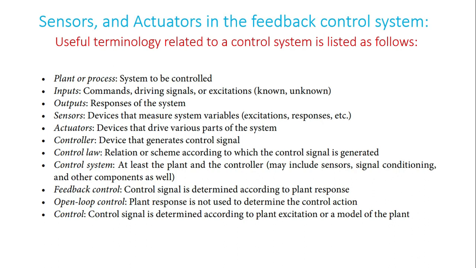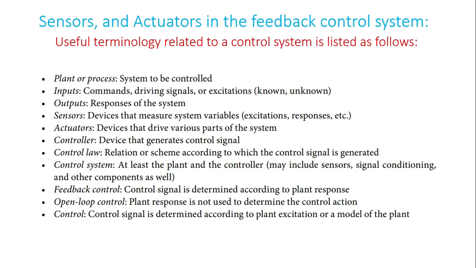Inputs, commands, driving signals and disturbances, known and unknown, come under input, whereas output is the response given by the system. Next, sensors, devices that measure system variables, excitations, responses, etc. Actuators, devices that drive various parts of the system.